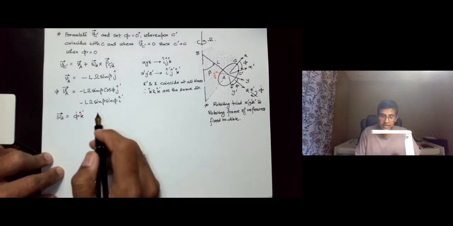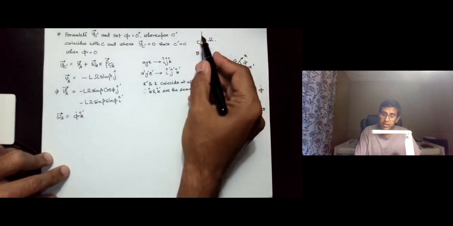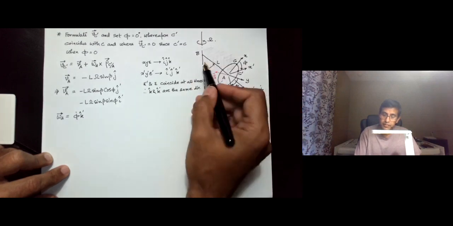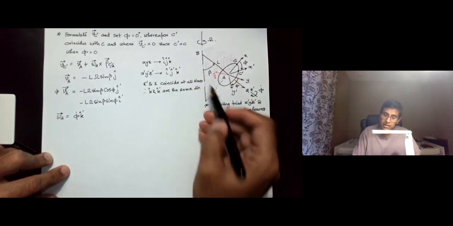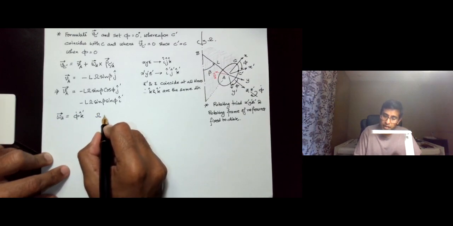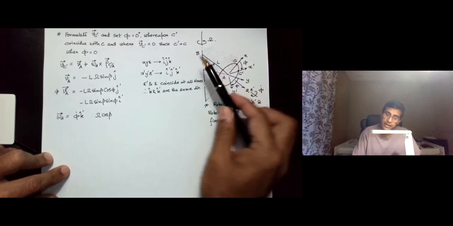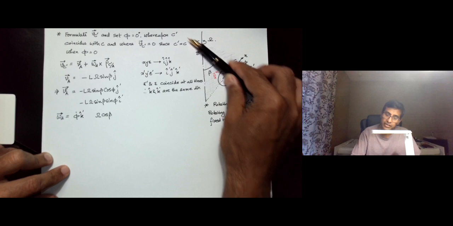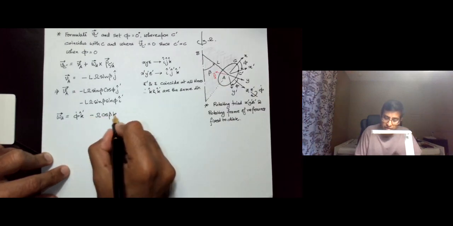Note that k prime is same as k, and then we have capital omega in the inertial z-axis, so we need to do omega cosine beta, and that would produce a vector in the negative k prime direction.